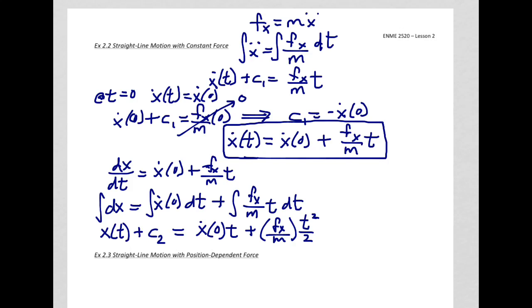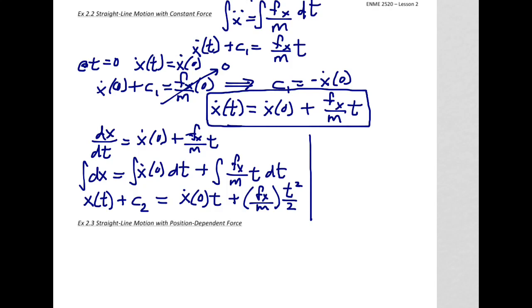We apply our boundary conditions, and when we apply the boundary conditions, at time equal to 0, we know that our x of t is equal to our position at 0. Substitute this in, so we get initial position at 0 plus C2 is equal to our initial velocity. Okay, it's multiplied times t, so it's multiplied times 0, which gives us 0 for that expression.